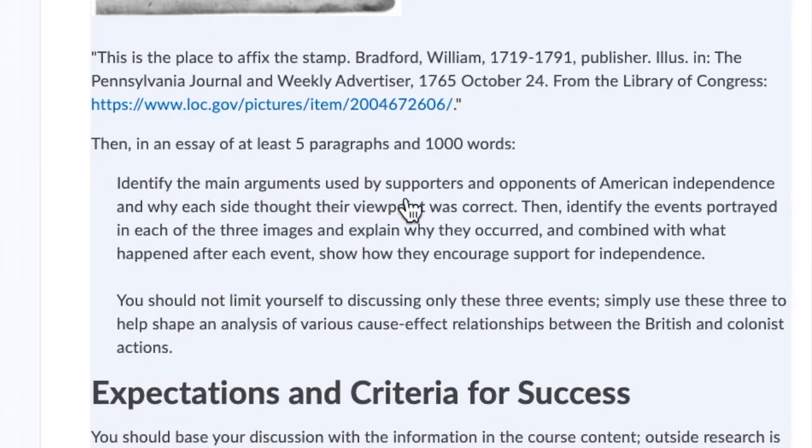What are the main arguments used by supporters and opponents of American independence? The pictures don't show any arguments, but the written documents do. Then identify the events portrayed in each of the three images. Again, the events are also described by the documents, not by the images. Well, the images portray them, but they don't really describe them very well.